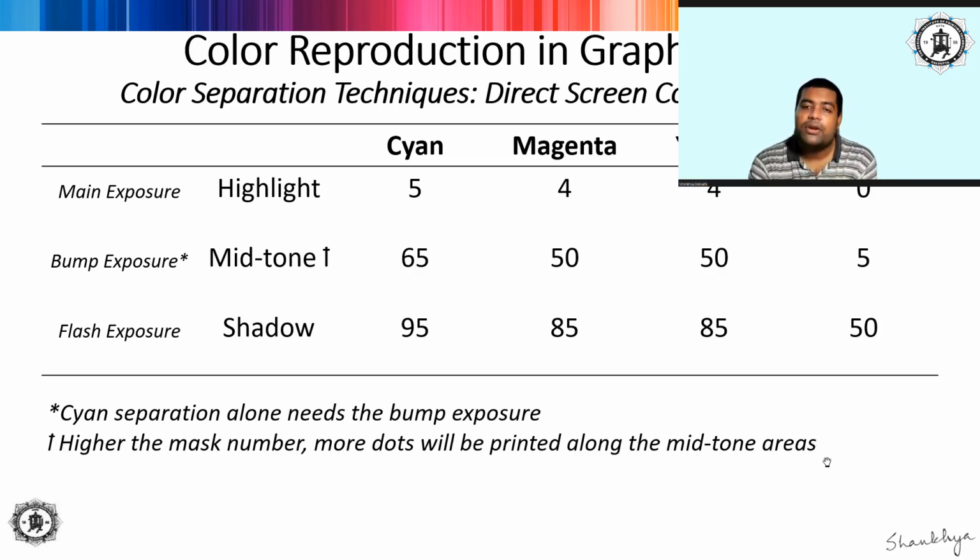Once an operator gets used to working in the dark with the proper timers, he can expose the whole set of direct screen separation negatives without turning on the lights. I think some of you have also developed that experience from your first year lab. The exposure of the complete set of separation negatives should not take more than 20 to 30 minutes at max.